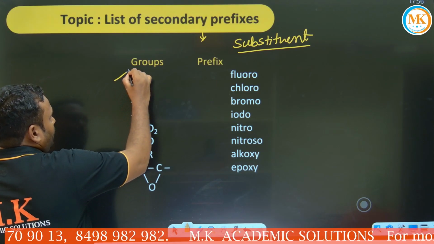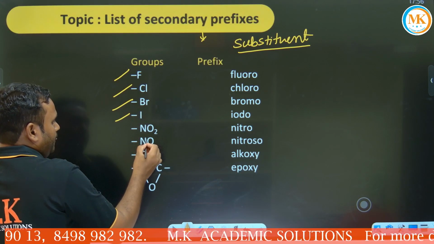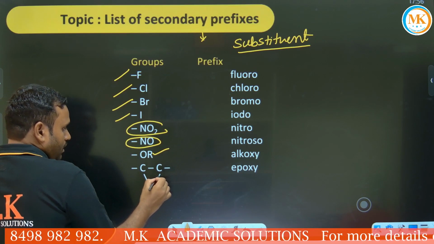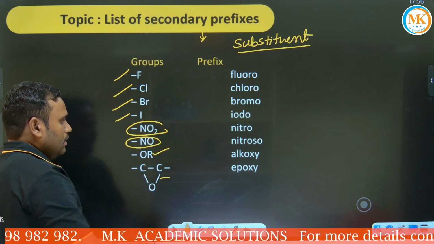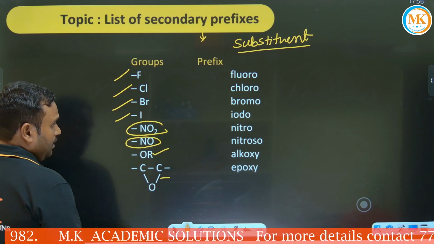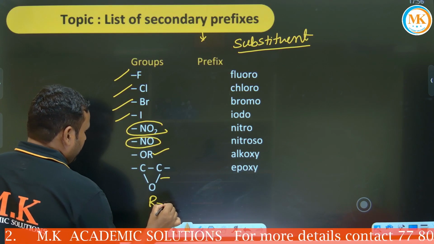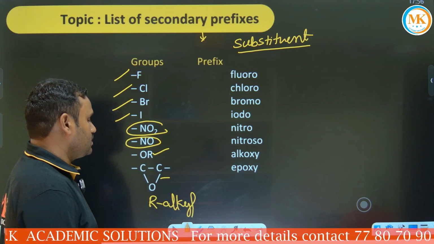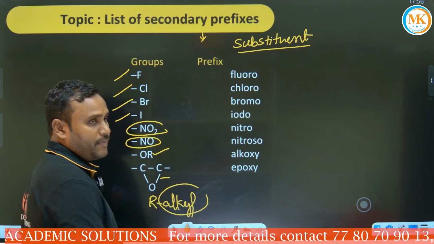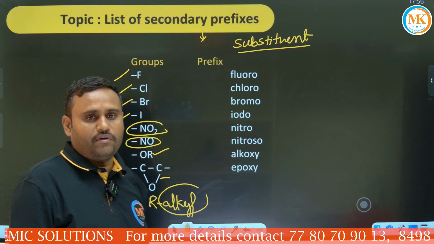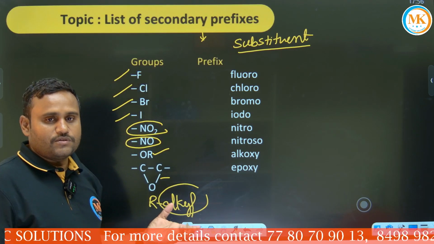For example, chlorine, bromine, iodine, nitro, nitroso, alkoxy, epoxy. These all come under secondary prefixes. Even R groups, alkyls, also come under secondary prefixes. The secondary prefix will give information about the substituent.